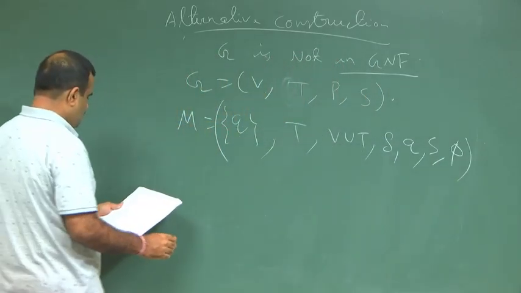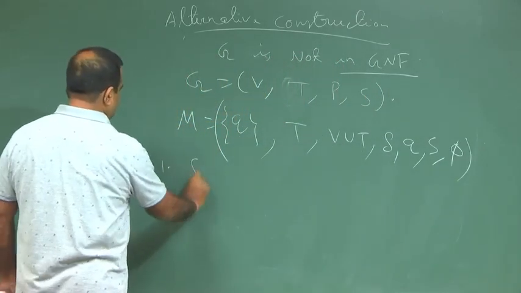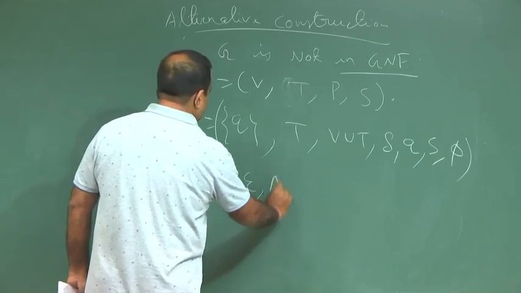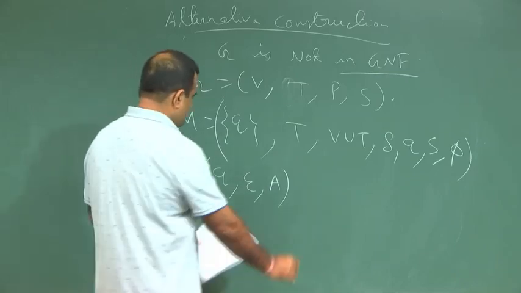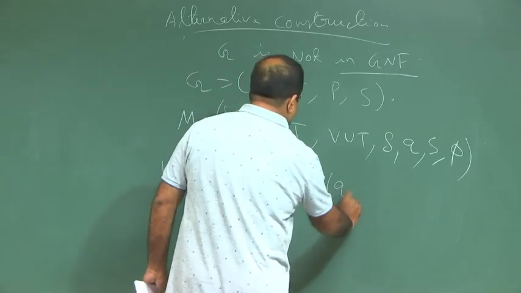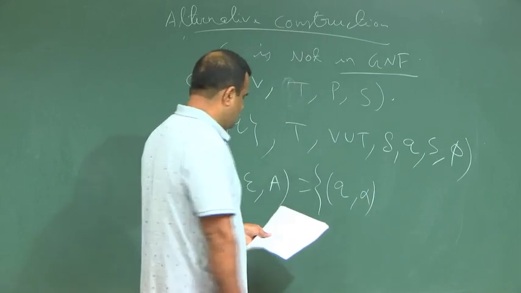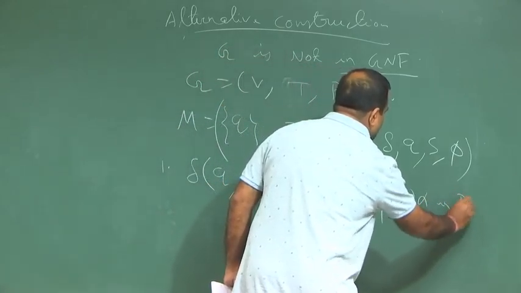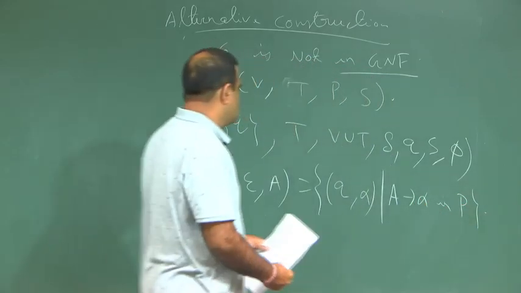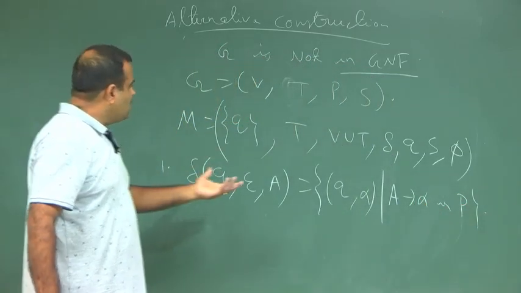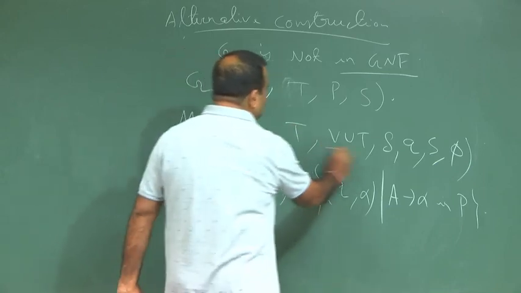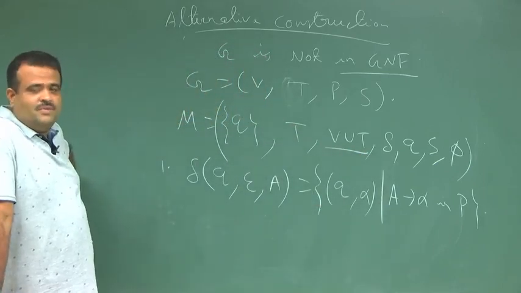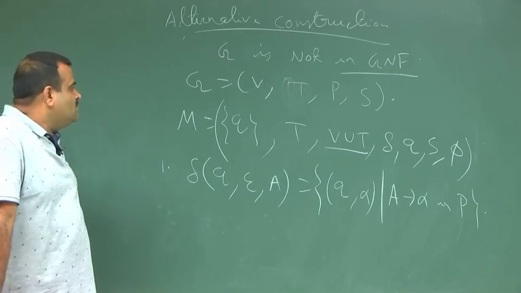And here we are going to define delta of Q comma epsilon comma A as containing Q comma alpha if we have a rule A going to alpha in P. Okay. So, here it is okay, because our stack symbol is containing V as well as T. So, it is coming from V union T star.